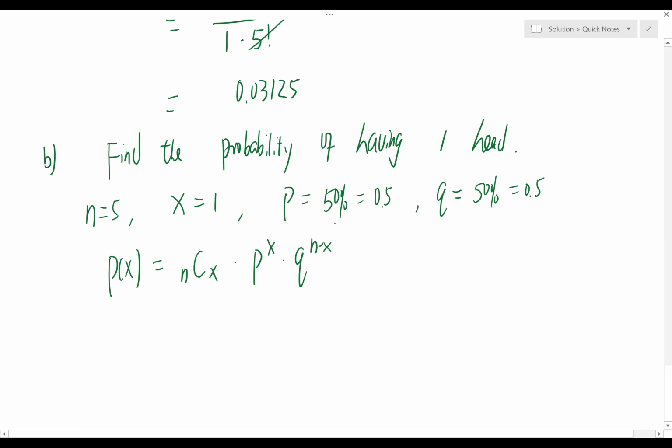I'm gonna show you how to compute this result in Excel. So here we're looking at the probability of X equal to 1. Okay. So this is 5C1, right? Times 0.5 to the x power, to the first power, times 0.5 raised to 5 minus 1 power. So if you simplify, it's 5C1 times 0.5 to the first and 0.5 to the fourth power.